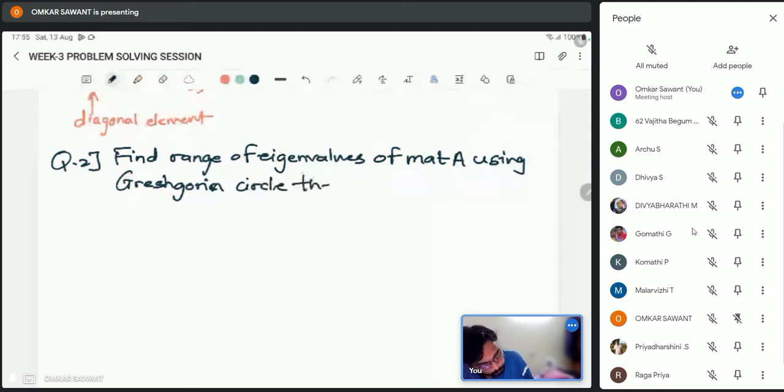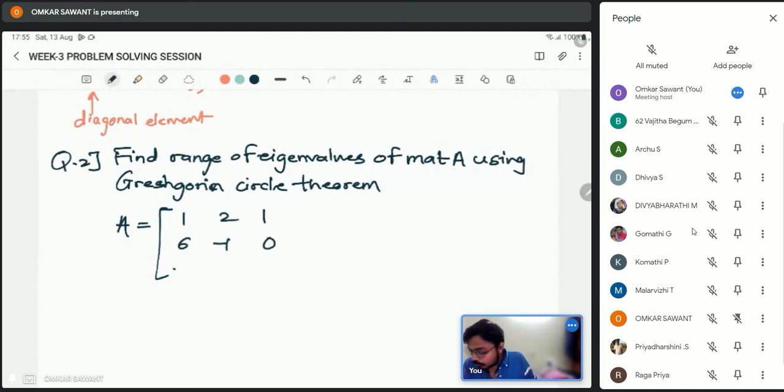Your matrix A is what? 1 2 1 6 minus 1 0, minus 1, sorry, wrong matrix. The matrix is 1 1 minus 1, 3 2 4, minus 1 4 2.